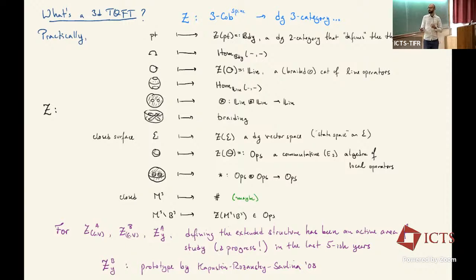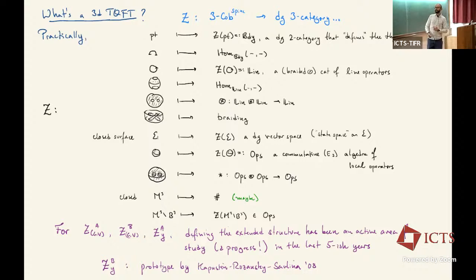So again, much of this, like defining the things on the right-hand side of this slide, in the case of gauge theories, and in the A-twist of hyperkähler targets, is active work in progress.